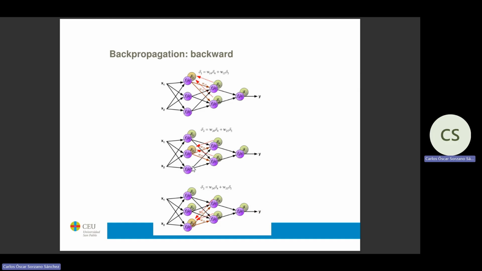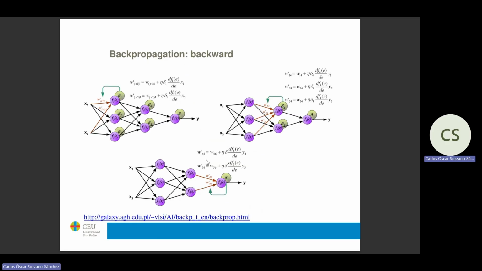And then you keep propagating back the error from the output to the input, so that you can try to attribute how much is coming from each one of the neurons. And now it is where you have to update your weights. Somehow here the expression is correct.